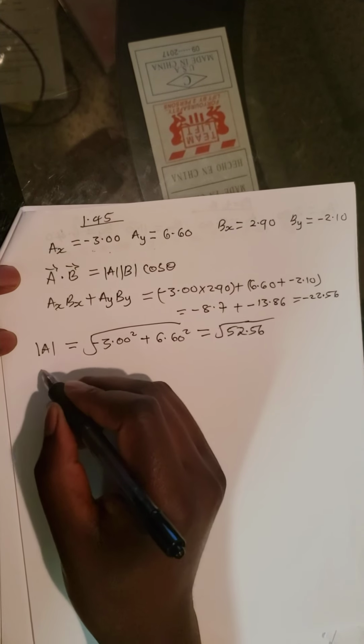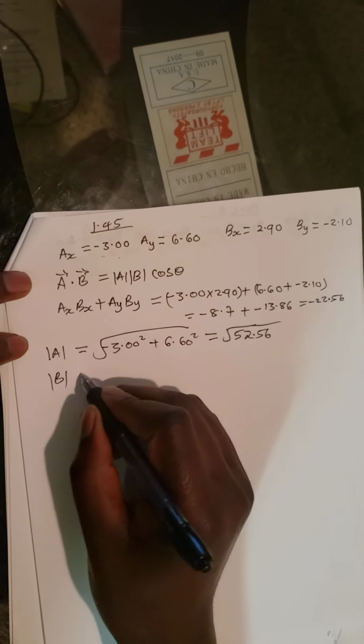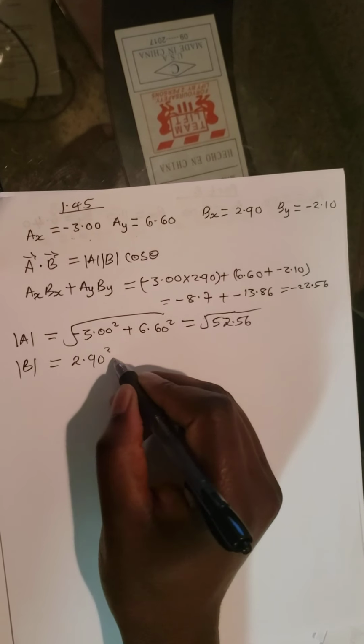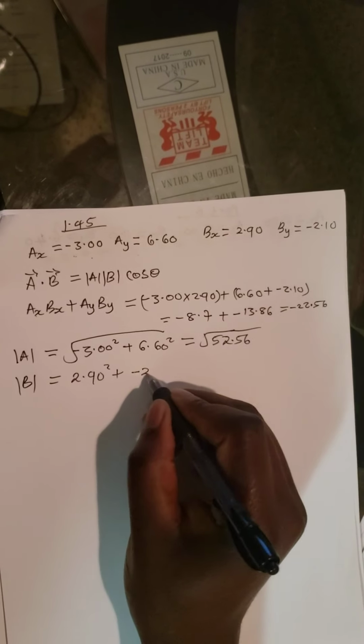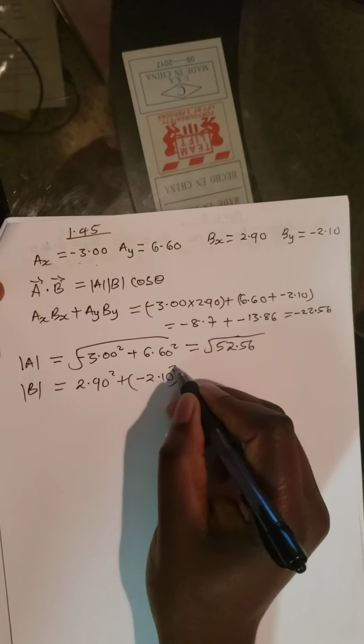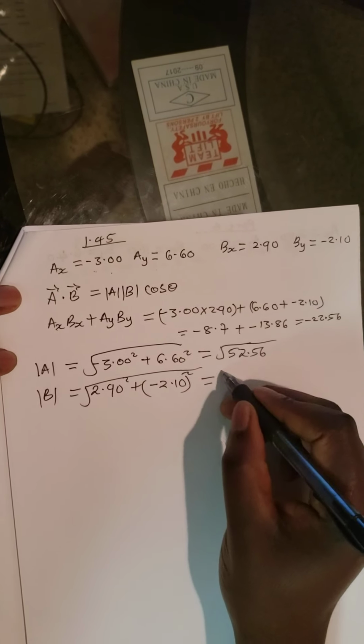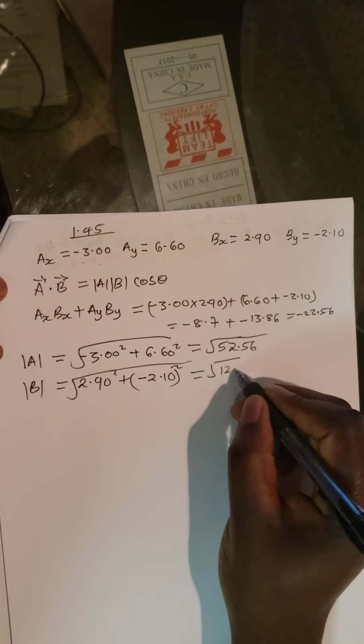Same thing, I'm going to find the magnitude of vector B, which is 2.90 squared plus negative 2.10 squared under the root, which gives me the square root of 12.82.